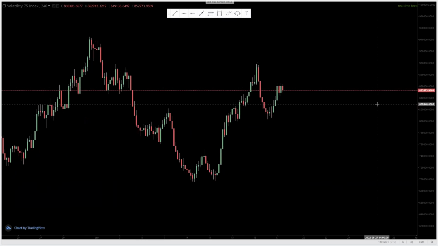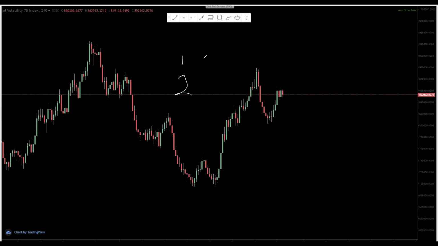Now, if you look at all these things, you'll discover that the term order block classifies two types of candles on the market. We are going to have type 1 and type 2. Type 1 is for non-commercial and commercial traders.